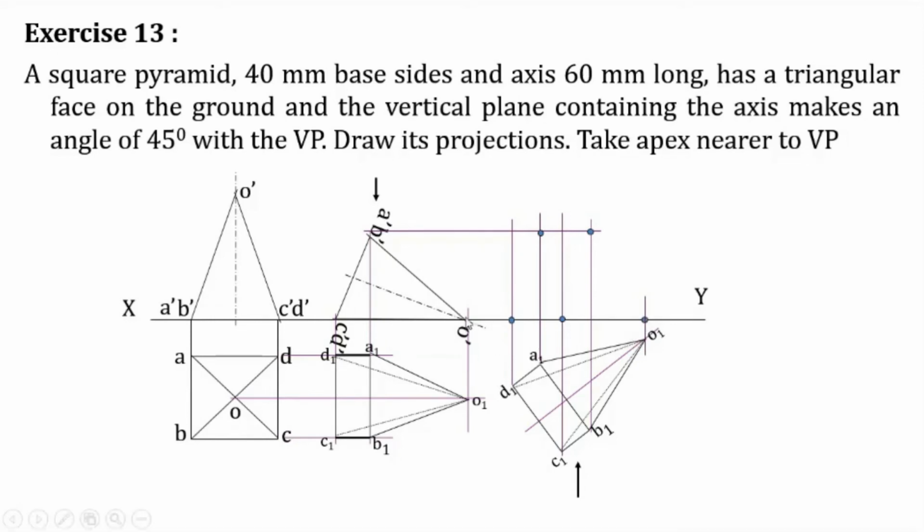The locus of O dash will be the line XY itself. So now join the points A1, D1, C1, and D1, O1 dash.